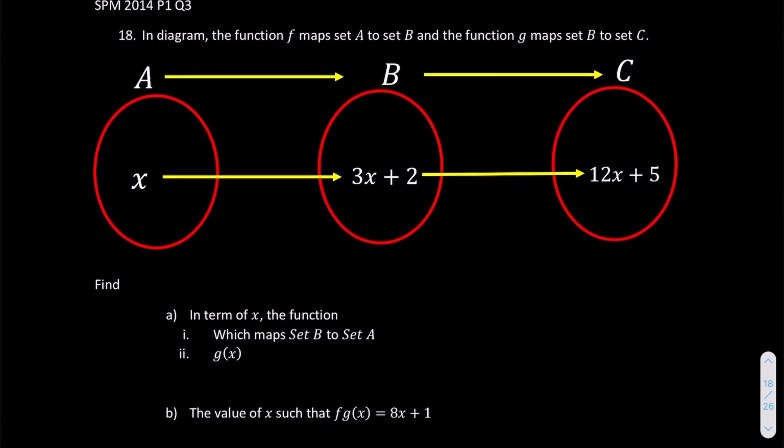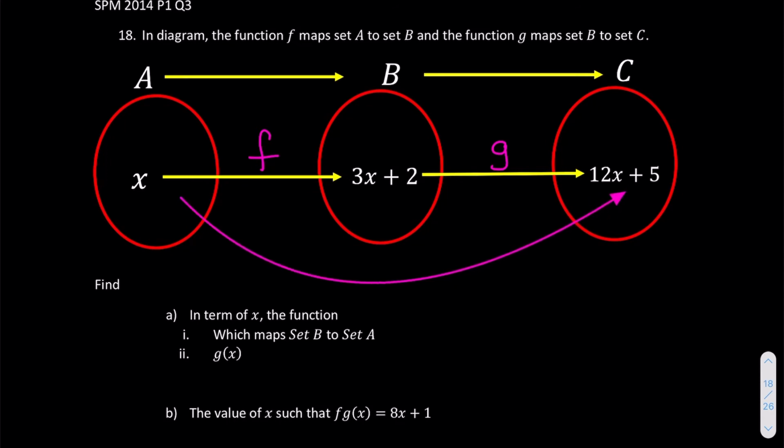Question 18 now. In the diagram, the function f maps set A to set B. So set A to set B is the function f. Then they say that the function g maps set B to C. So this is g. Can we try to find the expressed function, all the way to here?